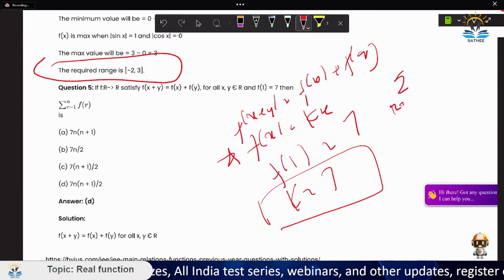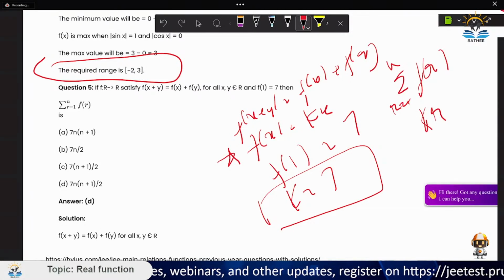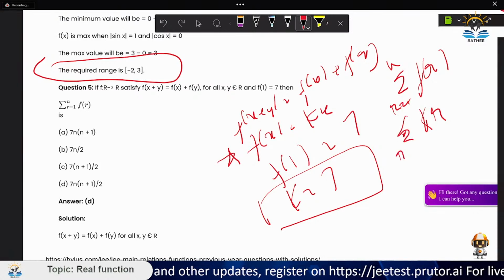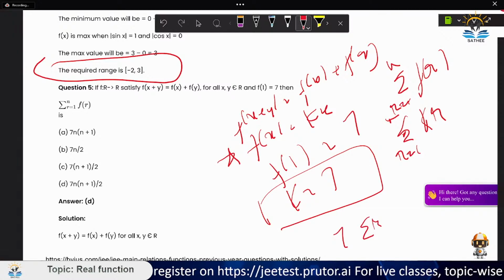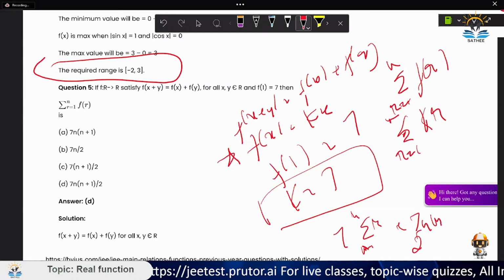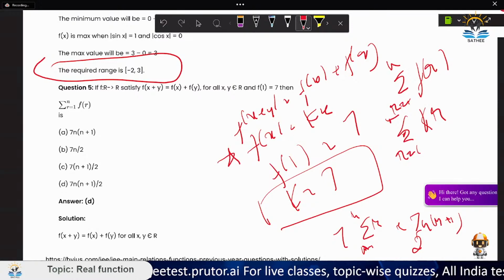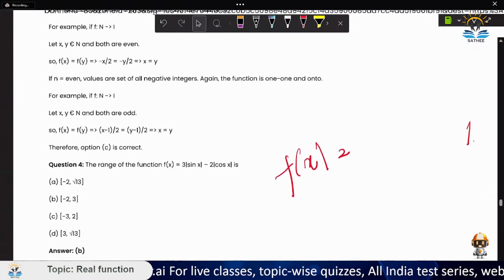So the summation of f(r) from r equals 1 till n. f(x) is equal to kx, so f(r) is equal to kr, and the summation of kr from r equals 1 to n. k is a constant, so we can take it out, which is 7. Then the summation of r from r equals 1 to n is n into (n plus 1) by 2, so we get 7 by 2 n into (n plus 1). This is something that you again learn from experience. This is a very easy question, guys.